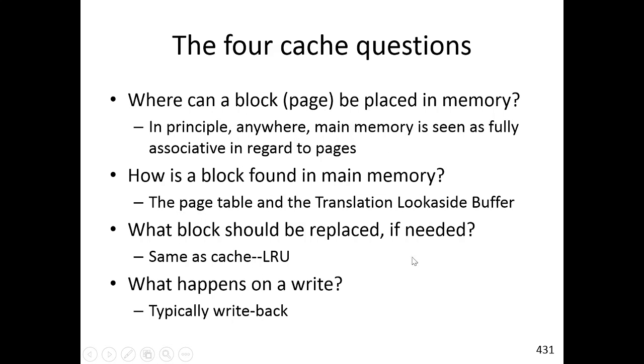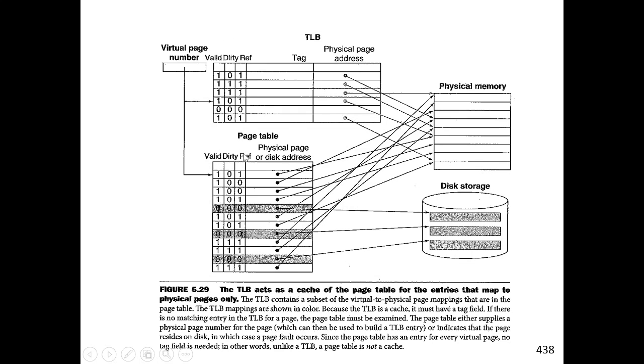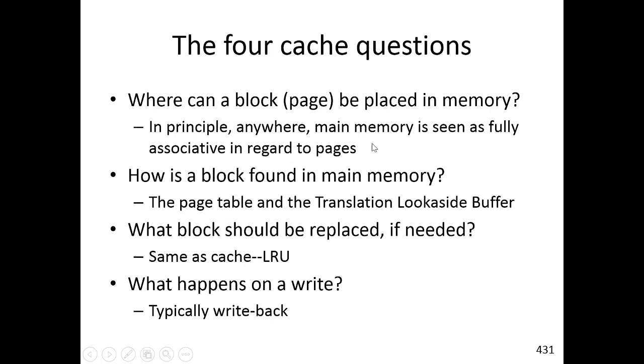When we need to replace a page once it's filled, it's the same principle as cache. We look for the least recently used, so that reference bit suddenly is very useful to see if it's been referenced or not. It also depends on the hardware system of your choice. Then we also have to deal with, just like we did with cache and RAM, when we have to do a write back.